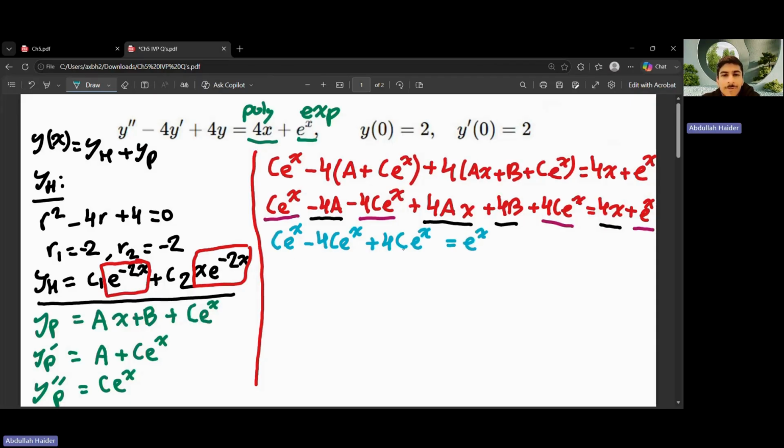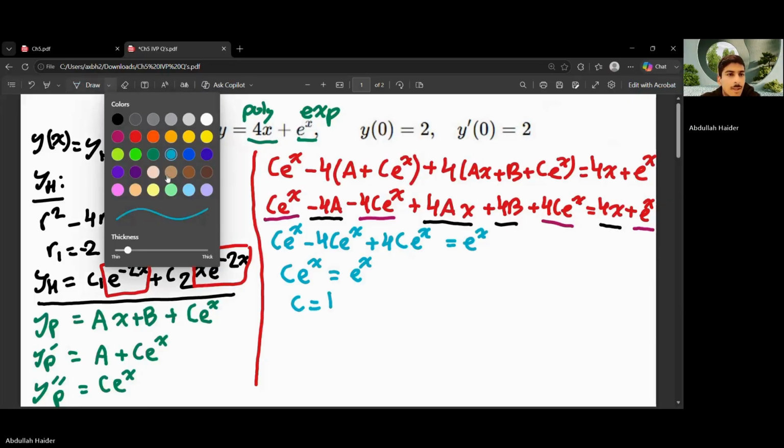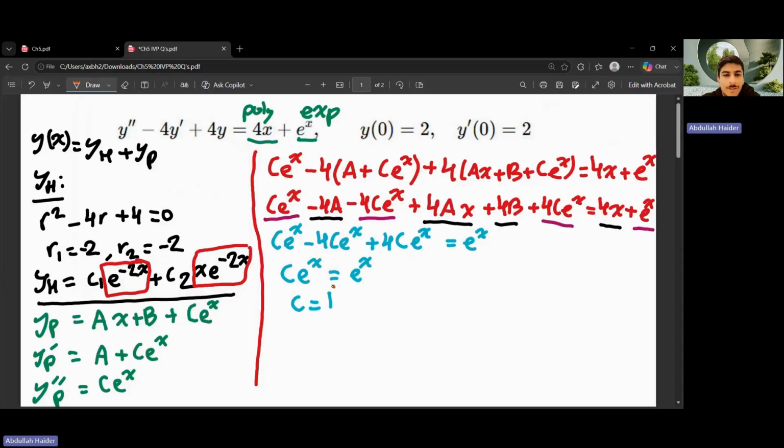So minus 4 plus 4 cancel out. c e power x is equal to e power x. So your c will be 1. So this is your c. And now we want to find our a and b. So this is our c, we have got 1.